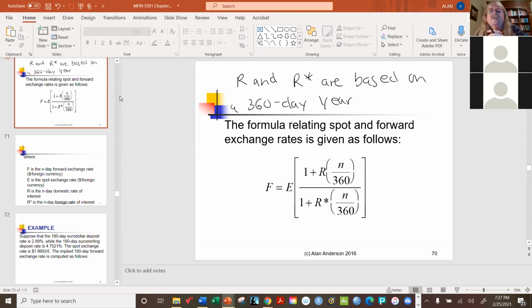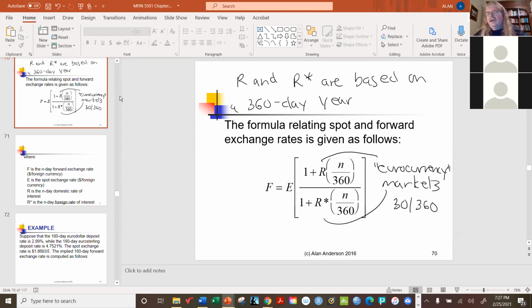In some cases, we use 30 days, and sometimes we use what are called actual days. The interest rates here are themselves taken from the so-called euro currency markets, which are based on 360.